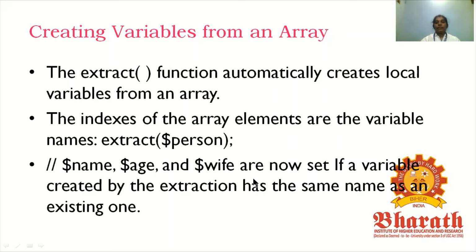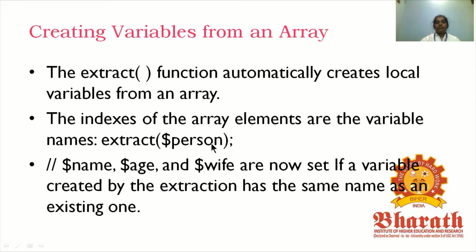Creating variables from an array. In an array we have a number of values, so we are going to discuss the extract function. It automatically creates local variables from an array. The indexes of the array elements are the variable names.